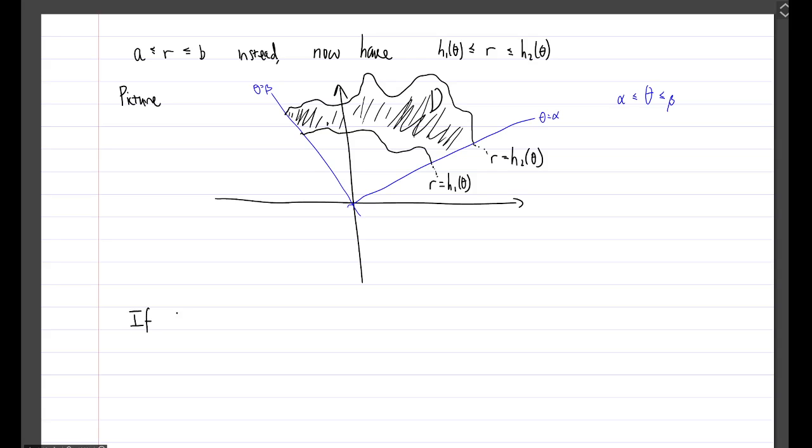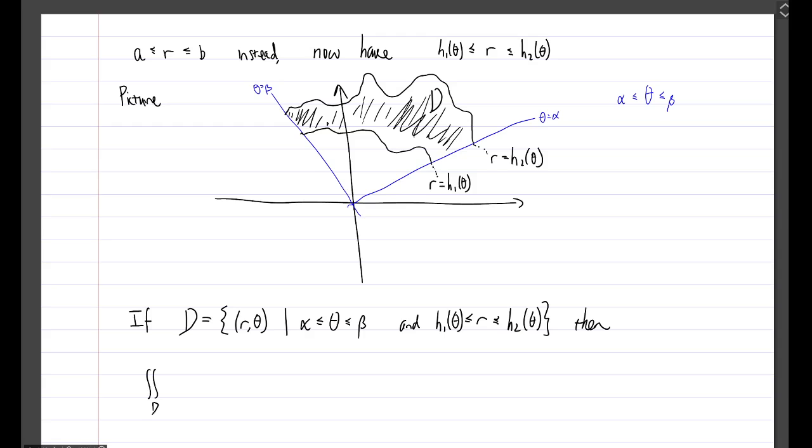So if you have a region D that is described this way, as the set of all points described in polar coordinates where theta is between two constants alpha and beta, and r is between two functions of theta, h sub 1 of theta and h sub 2 of theta, then we can describe the double integral over this region D of f of x comma y dA.